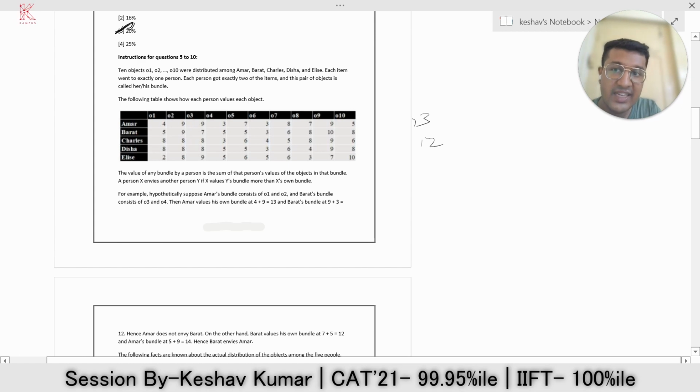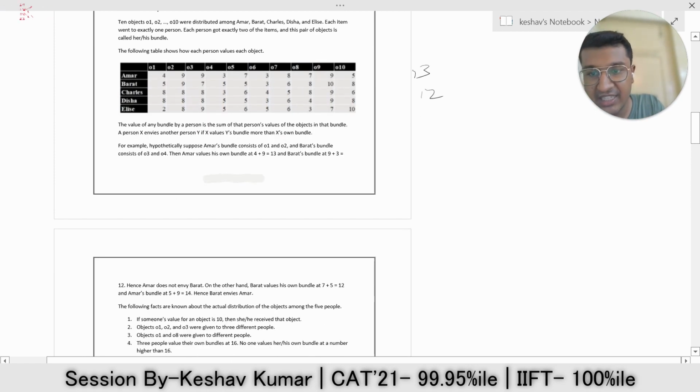But when he sees the bundle of Amar, which is O1 and O2, and compares his value of that bundle, which is 14, as it is more than 13, he is going to envy Amar. But Amar is not going to envy Bharat. I hope that is clear. They have just explained this situation with the example.